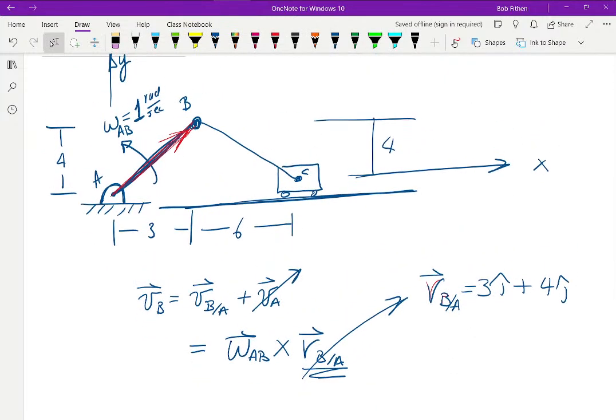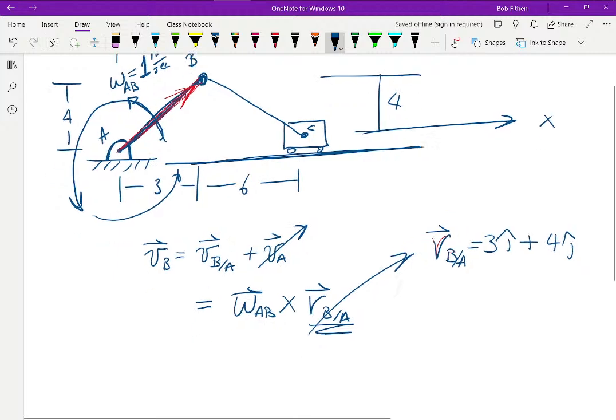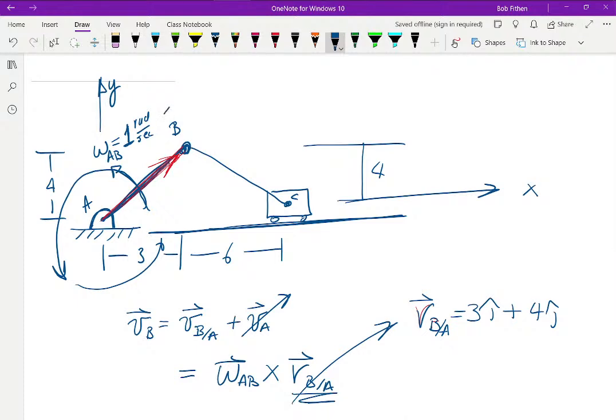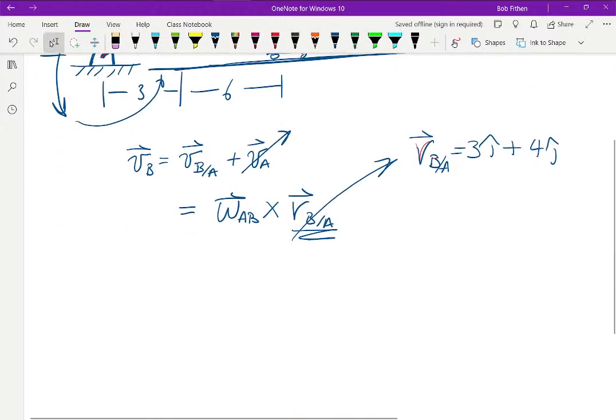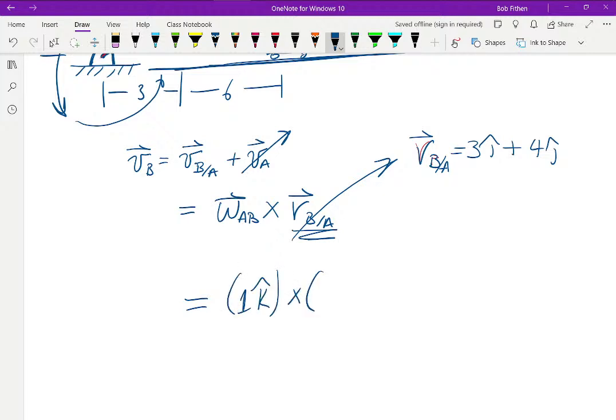What is omega AB? Now here's where the right hand rule is. Take your right hand, and as you take your fingers and rotate around this direction, your thumb points up. That makes it, in vector form, omega AB equal to 1k. So what do you get? You get 1k crossed with 3i plus 4j.